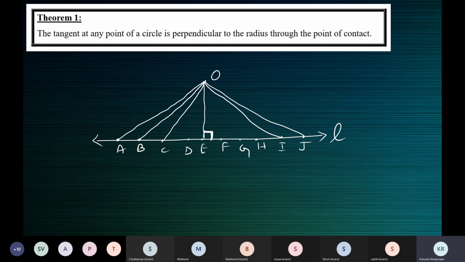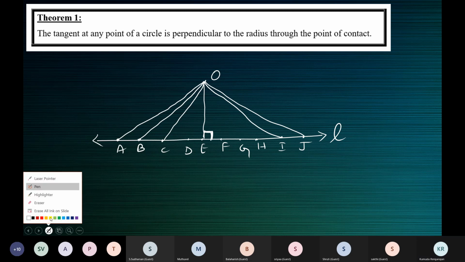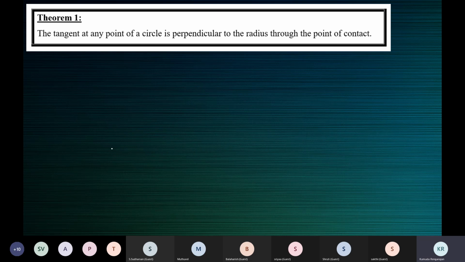Children, in this case, we have to consider a line and a point lying outside the line. What are the requirements to understand this result?